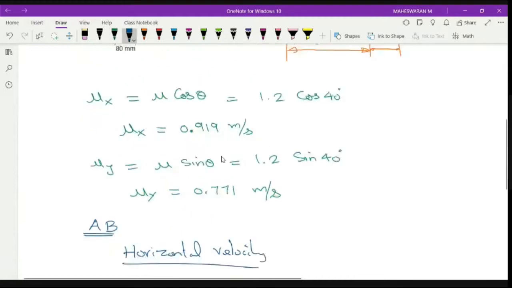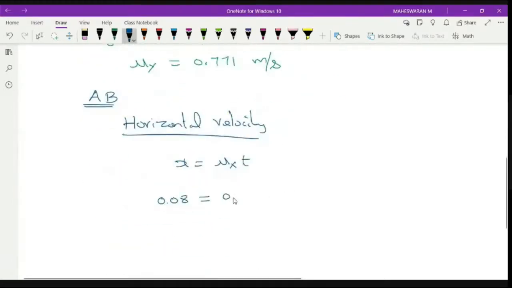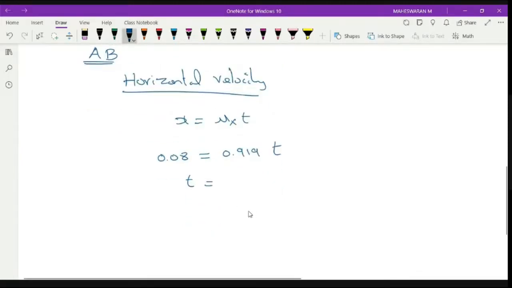What is your ux? Ux is already identified, which is 0.919. So 0.919 t. So what is the value of t? 0.087 seconds.